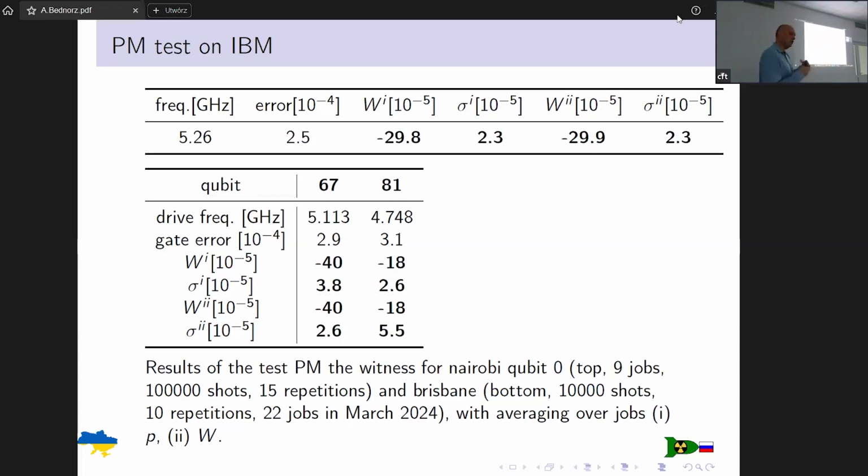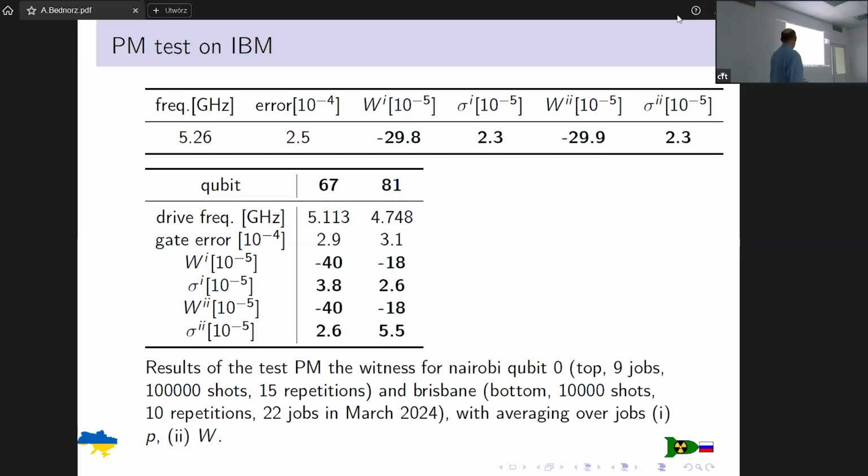In each job, you send a number of circuits, so a number of experiments, and a number of shots. So each experiment is repeated a certain number of times. Here it's 10,000. In Nairobi, it was even 100,000. But because you have some limit on circuits, you can take more.